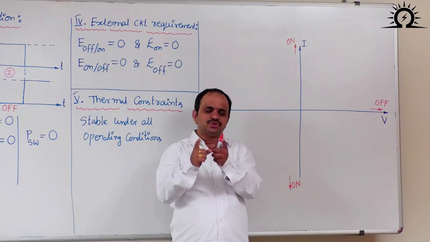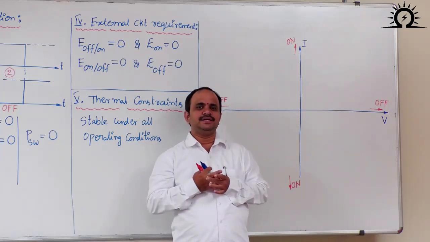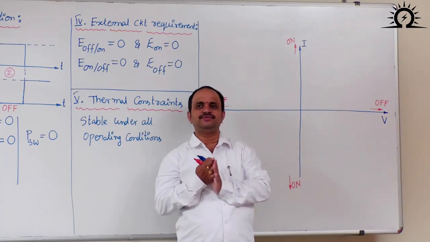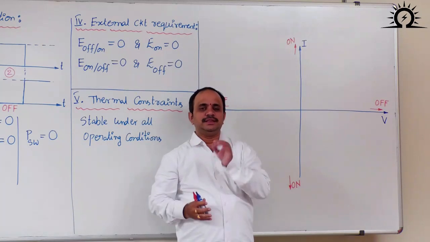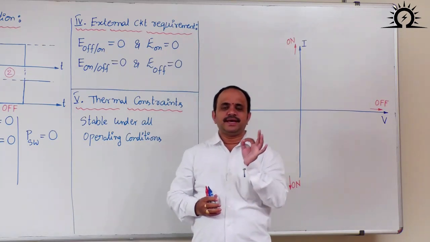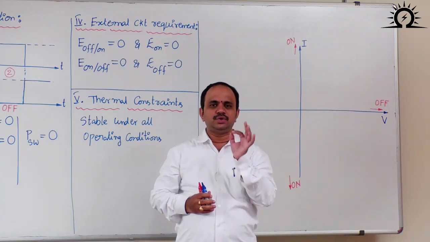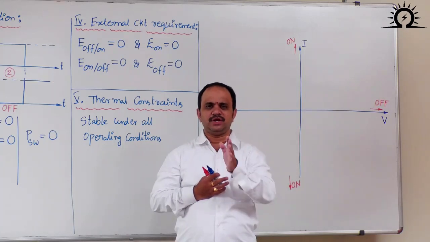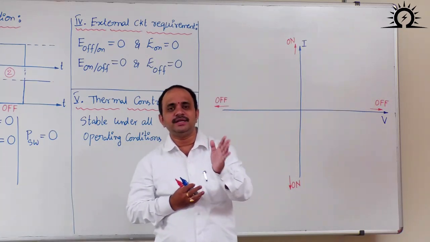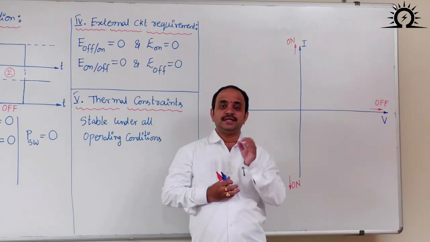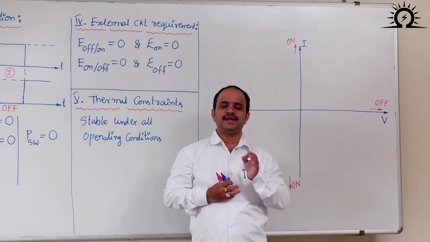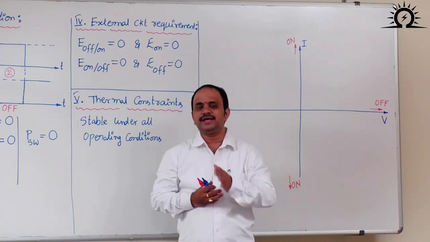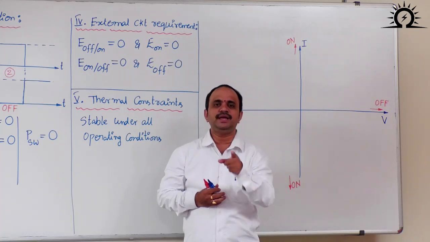If you compare these two, the normal switch on the switchboard, whatever we use for the fans, requires external energy only to change the state. What do you mean by that? You just press the switch and do your work. The switch will remain in that on state. That means it requires external energy only to change the state, but doesn't require external energy to maintain that state.